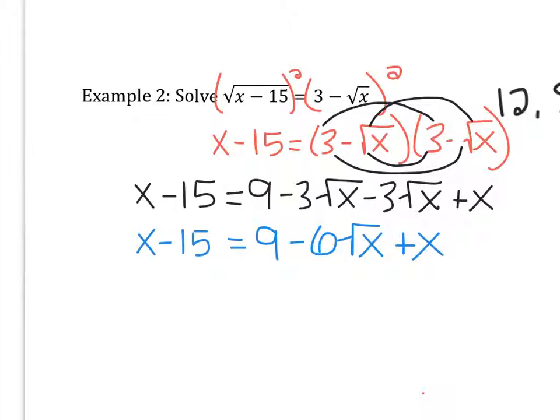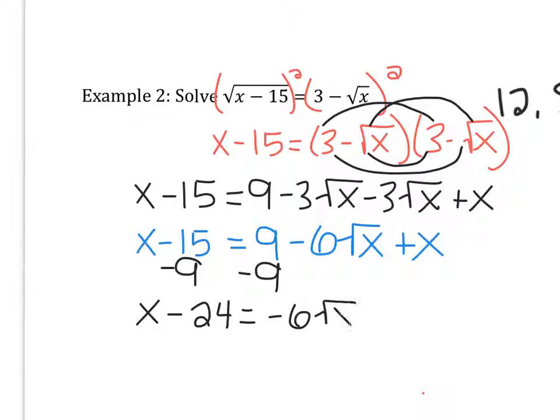So what we need to do is get this radical out by itself now. So let's subtract the 9. So we'll get x. Negative 15 minus 9 is negative 24 equals negative 6 square root of x plus x.